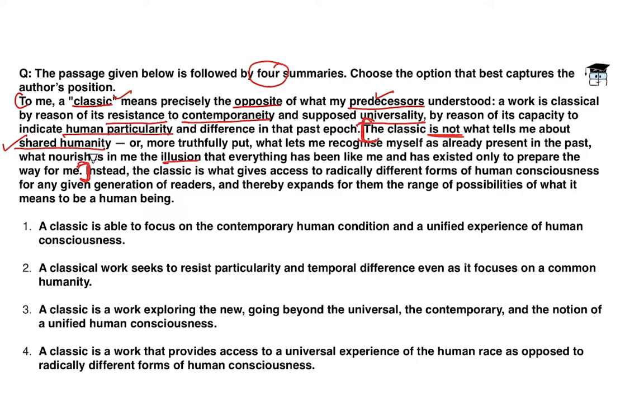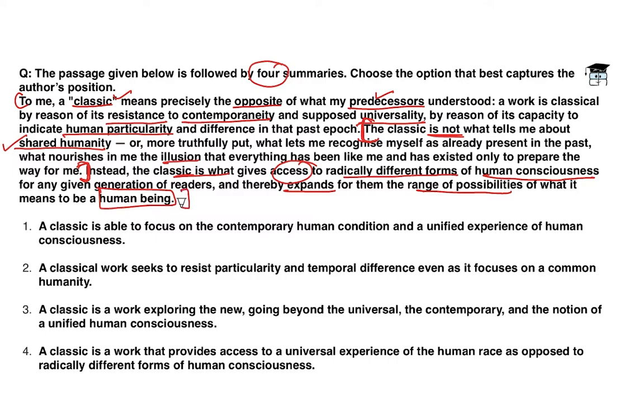Okay, let's read further. Instead, the classic is what gives access to radically different forms of human consciousness for any given generation of readers, and thereby expands for them the range of possibilities of what it means to be a human being.